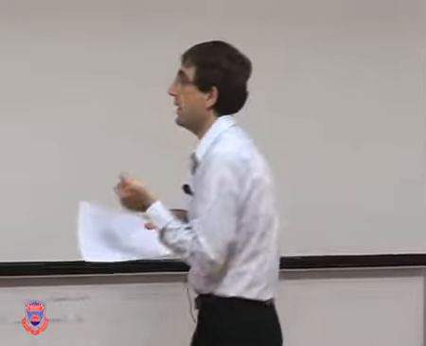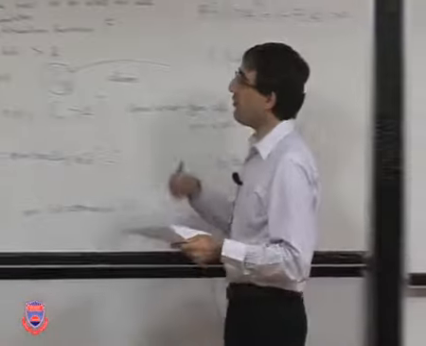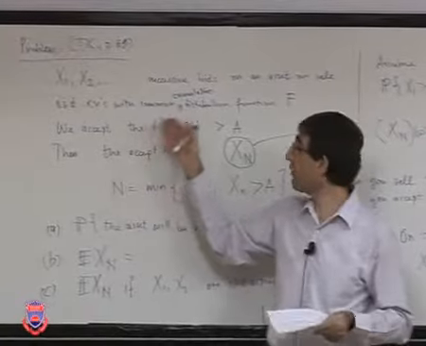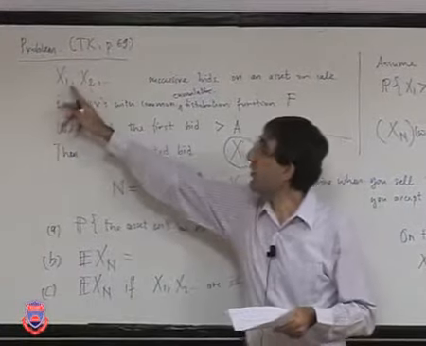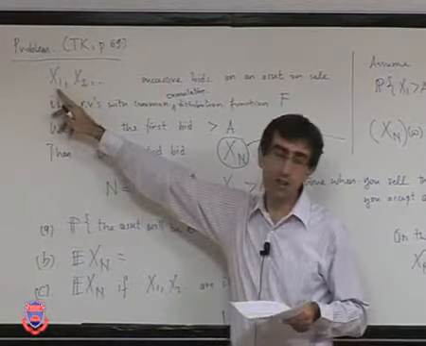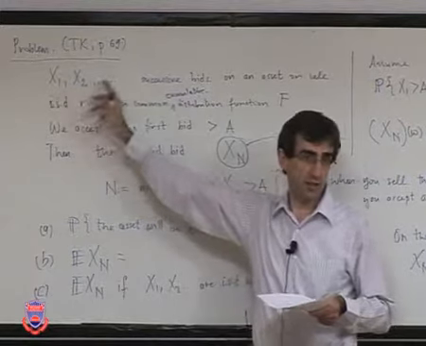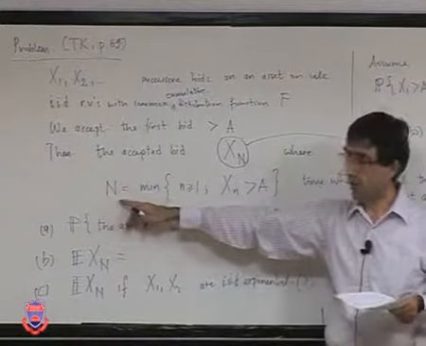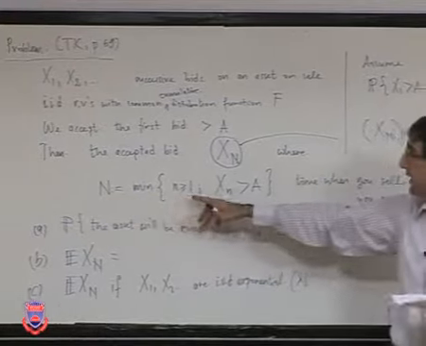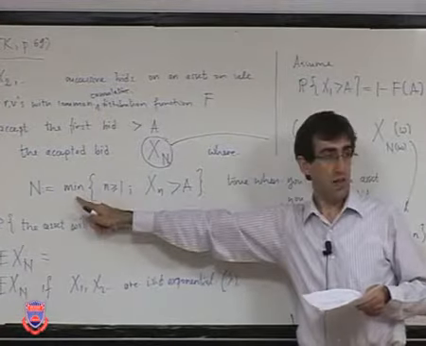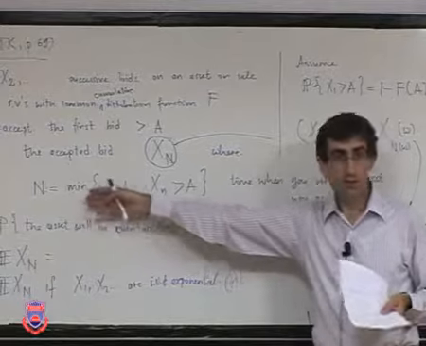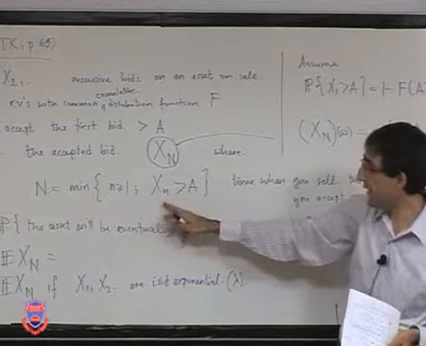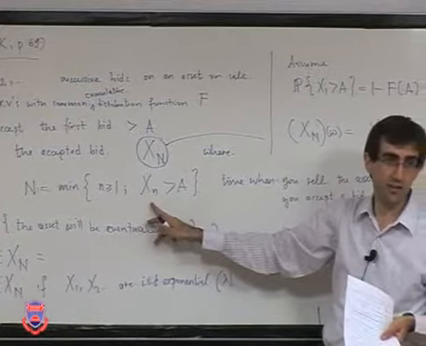So then what is happening? From our point of view, as the owner of this asset, we are conducting independent, identically distributed Bernoulli trials. And what are you interested in? N, which is defined as the least time, the minimum, that means the first time you get a success.